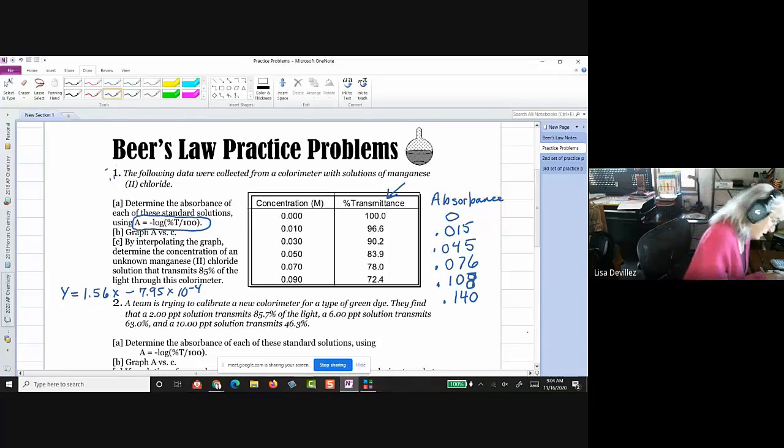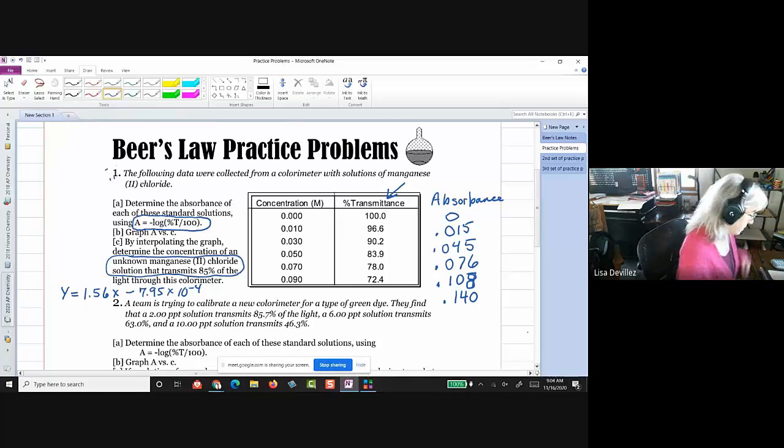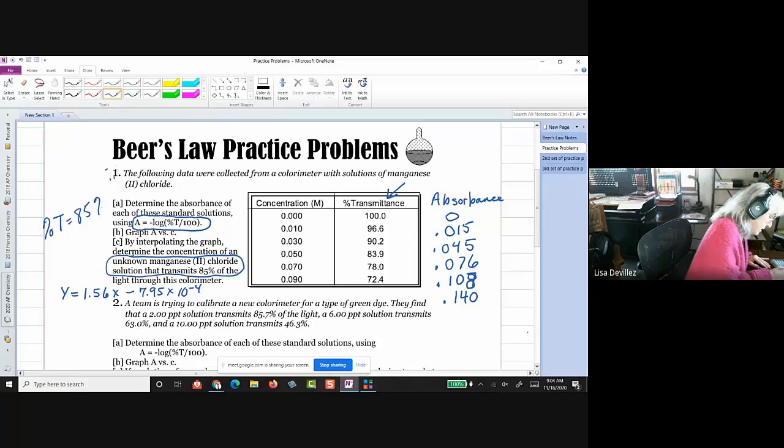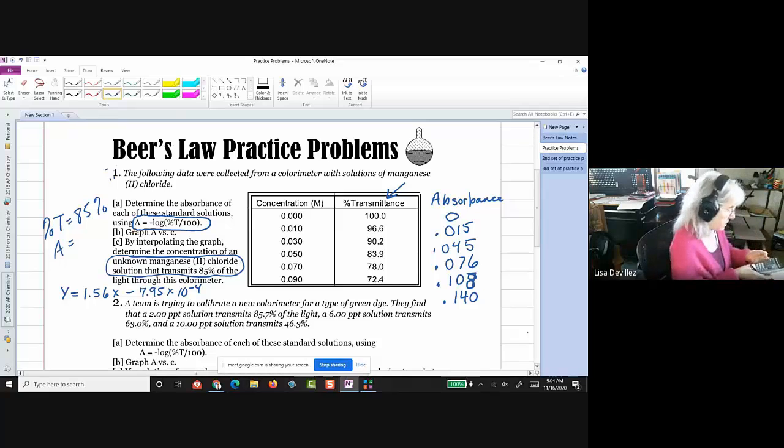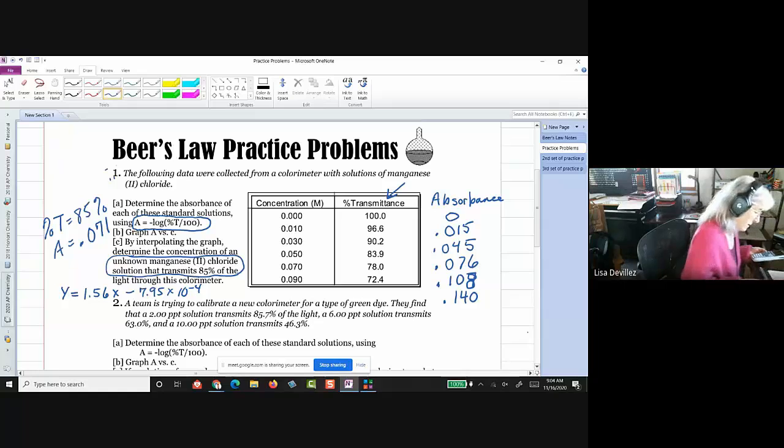Okay, so in the question it says we want the concentration of an unknown manganese chloride solution that transmits 85%. So if my percent T is 85%, then my absorbance, we're going to do negative log of 0.85. So I'm getting an absorbance of 0.071.